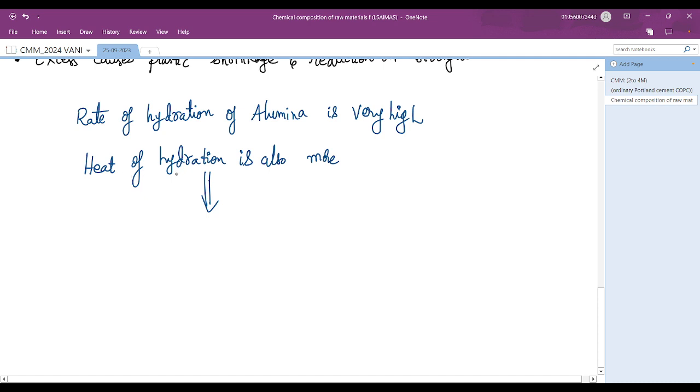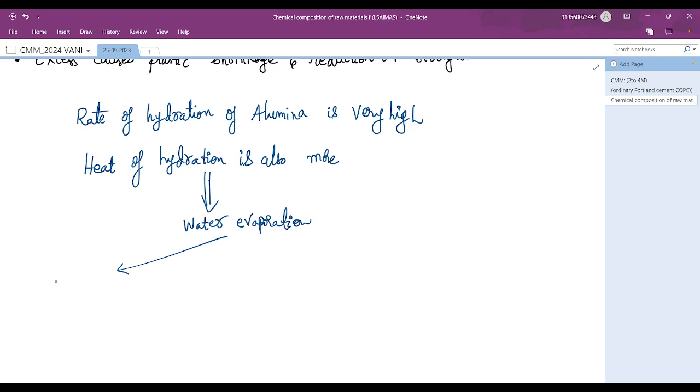So because of this more heat of hydration, water that is present is going to evaporate, which could otherwise react with the other components of the cement for a total hydration process to complete for giving the strength. So water evaporates, and there is a reduction in the volume, and that reduction in the volume is occurring when the cement is in plastic state.